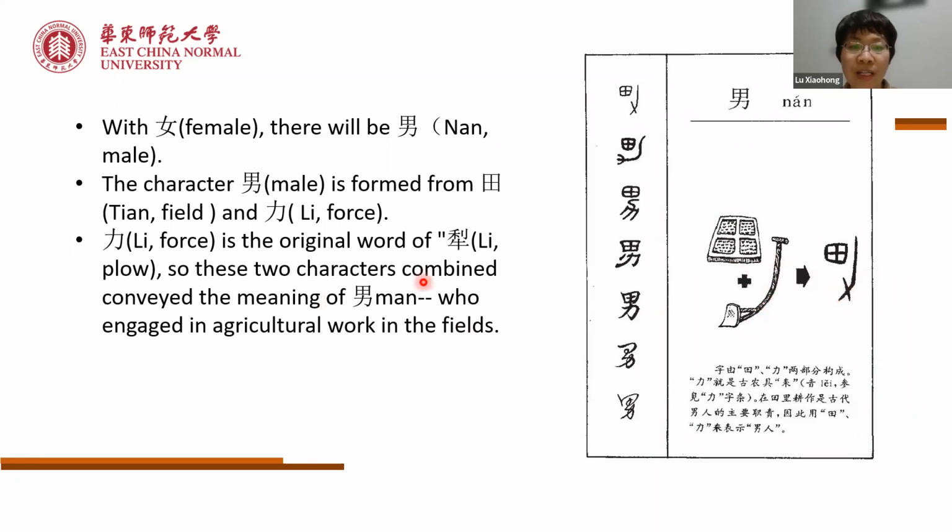So these two characters, tian and li, combined to mean the word nan. So nan is the word formed from tian, field, and li, plow. So that means a man, nan, is a person who engages in agricultural work in the field.